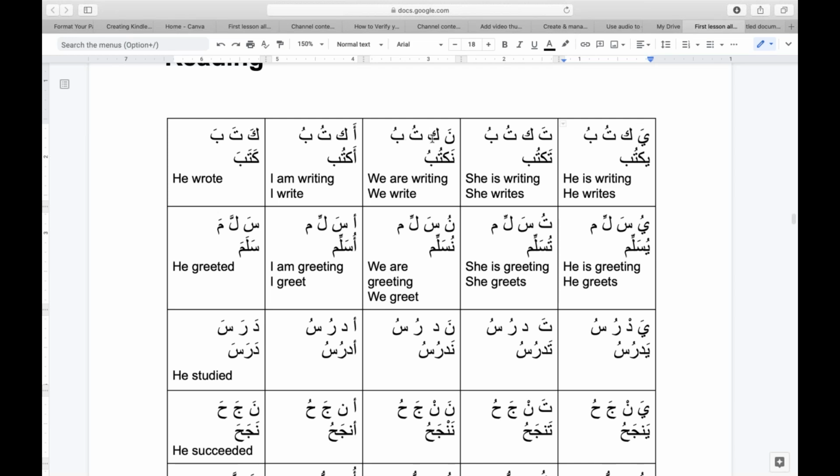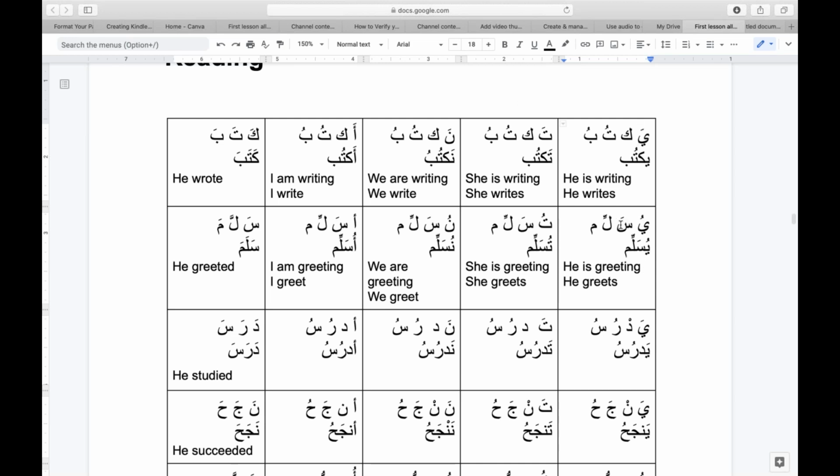And ta, nektu. And bu, nektubu. Alif and kaf, ak. And ta, aktu. And ba, aktubu. Kaf and fatha, ka. Ta, kata. And ba, kataba.